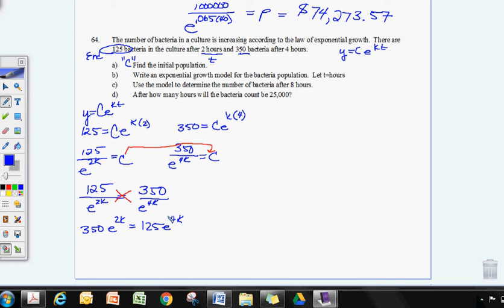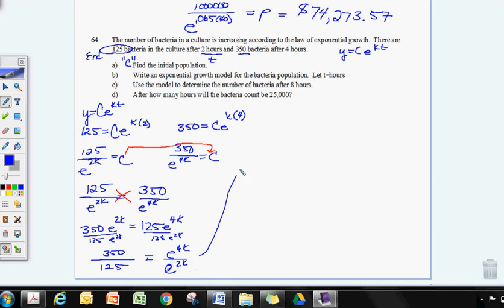As I look at that, I'm going to divide this by 125, and I'm going to divide by e^(2k) on both sides. By doing that, I've got 350 over 125 equals e^(4k) over e^(2k).